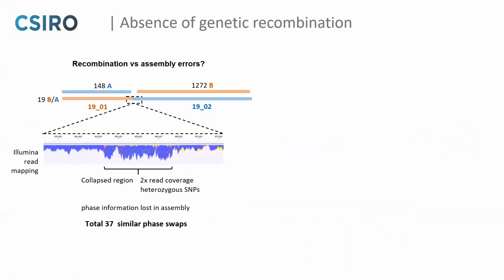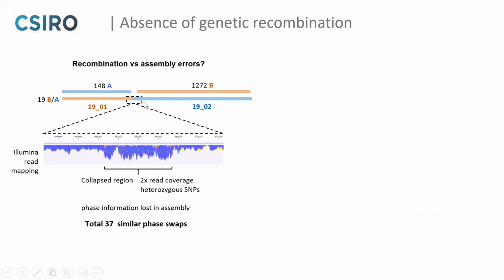To examine the hypothesis, we looked at all contigs in 21 that display evidence of being chimeric, because those could be signs of recombination, but they also needed to be examined because in those cases recombination could look like assembly errors.